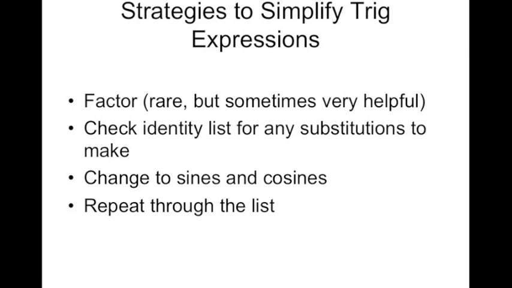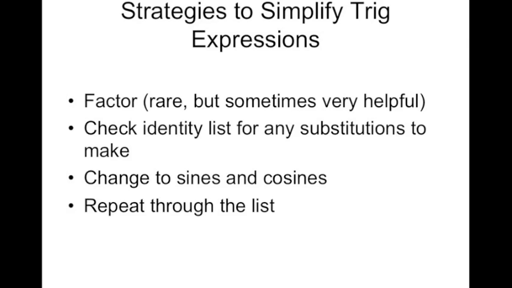So we're going to look for factoring. The next thing we're going to do is check that identity list. So that's printed at the top of your sheet here, or the one that was just on the last slide with our identities. And we're going to look to see if we could make any substitutions or swap out a part of the problem.